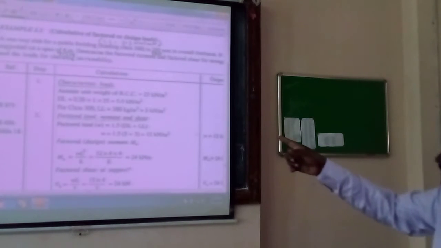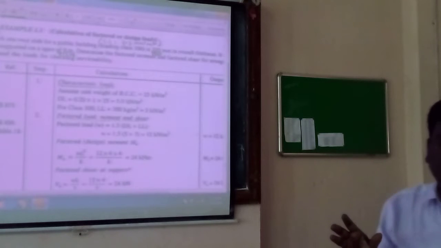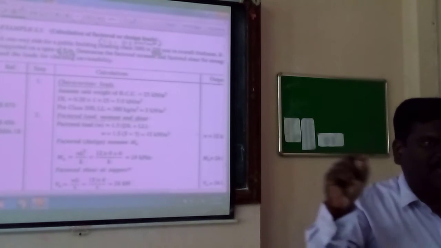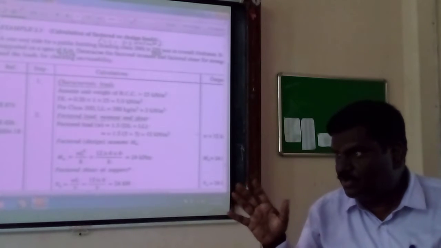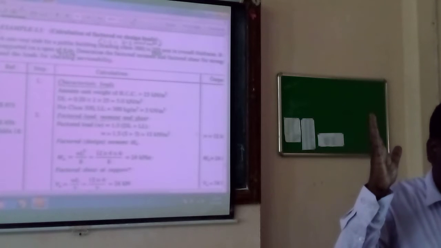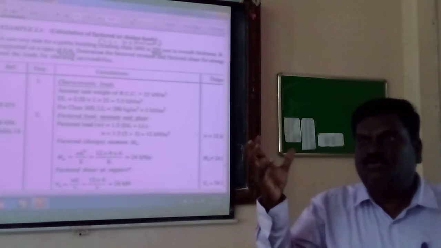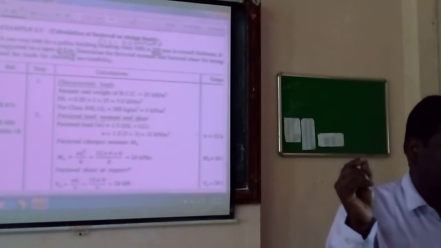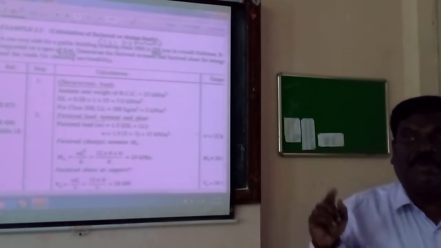For that, you need the unit weight of RCC. You have studied it in concrete technology. What is the unit weight of reinforced concrete? Do you have an idea? 25 kN per meter cube. Note down: unit weight of RCC is equal to 25 kN per meter cube.